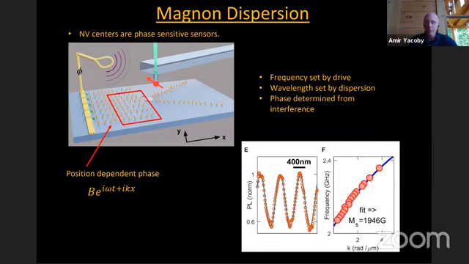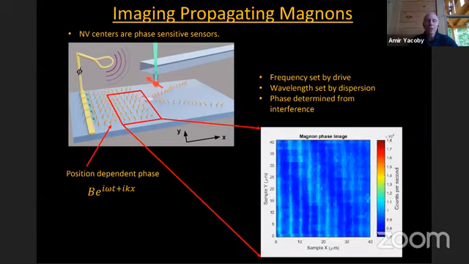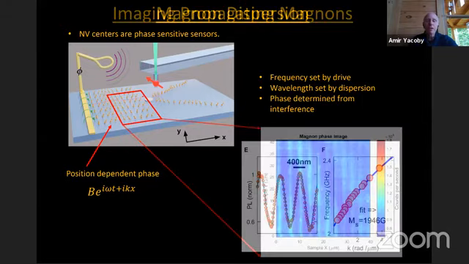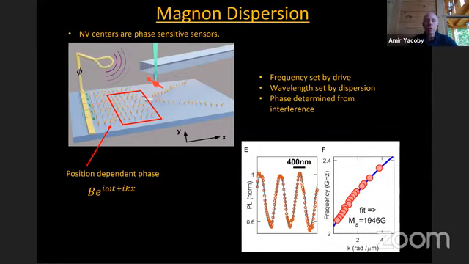Here, for example, you can see that the wavelength is about 3 or 4 microns. Here, the wavelength is already 400 nanometers, and we can go down even below that and extract the frequency as a function of momentum of these magnons. The blue line is the theory for the magnon dispersion in this thin film, and the dots are our measurements.